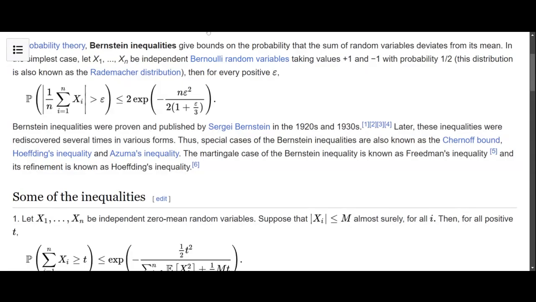What we're going to prove is something that I've mentioned earlier. So we're going to prove that the probability that A_n in absolute value is greater than or equal to epsilon can be dominated by 2e to the power of an exponent.